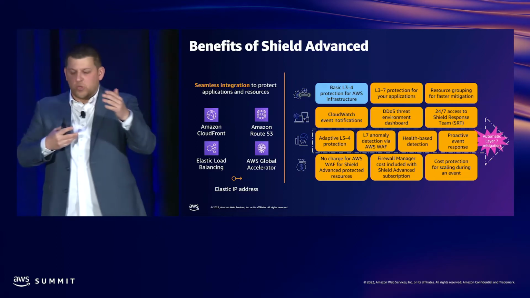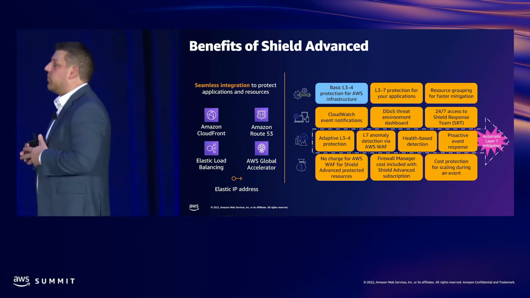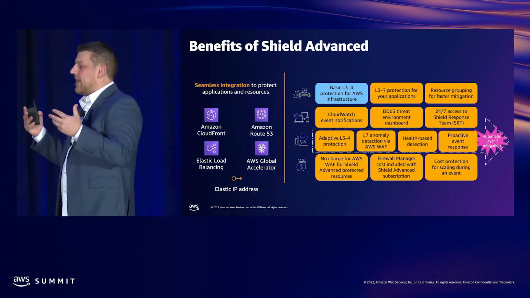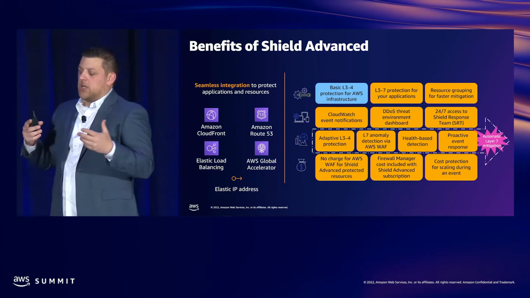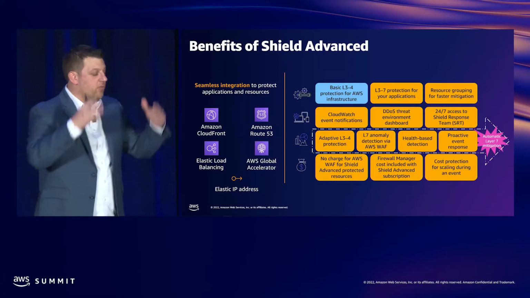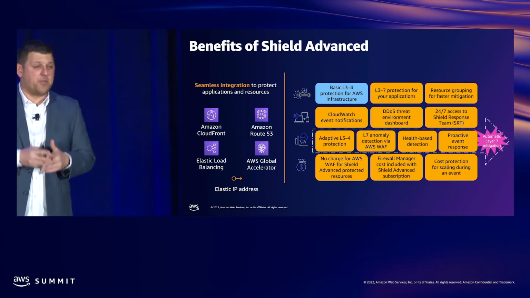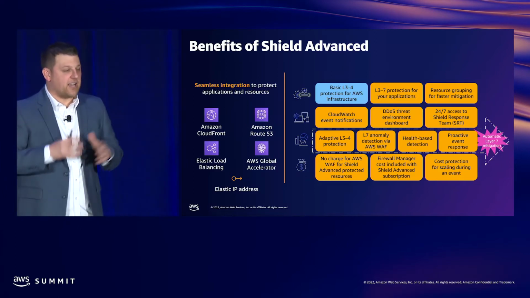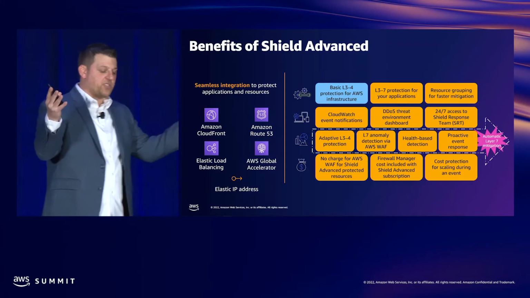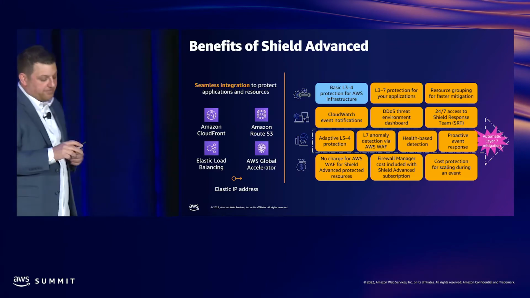We set up a ticket for that, so you have certainty when you're using Shield Advanced and have all the best practices set up. If there is an attack that has to use our resources to scale, we can help cover that.